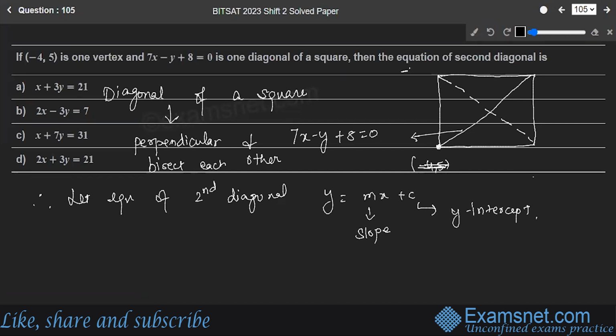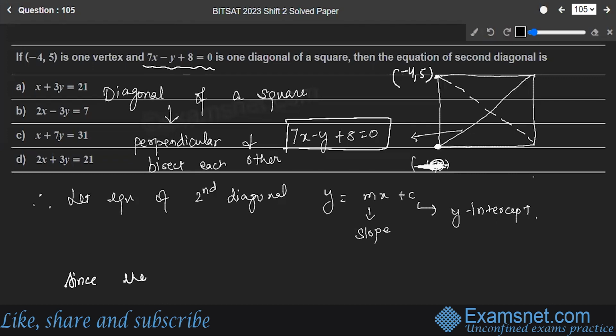This is the point minus 4 comma 5. Why have I done this? Because minus 4 comma 5 is not satisfying the equation of this diagonal. So minus 4 comma 5 cannot be this point. Minus 4 comma 5 is not satisfying this equation. Therefore, this cannot be minus 4 comma 5. The other diagonal is containing the point minus 4 comma 5.